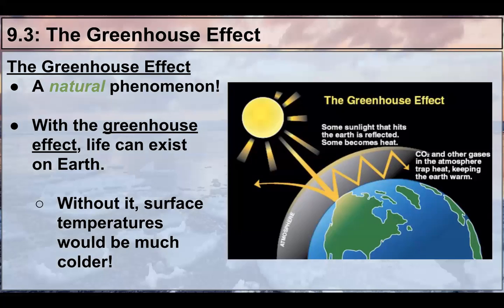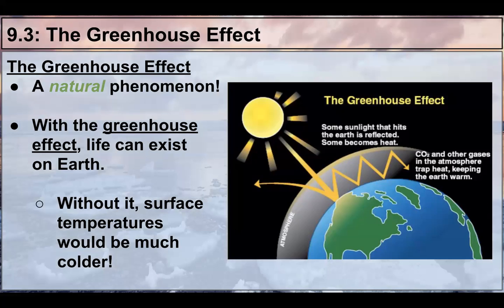So the greenhouse effect, you might not realize, but it is a natural phenomenon. So it is a really good thing because it really helps to moderate the climate temperatures and things like that around the world. It is the responsibility of our atmosphere. So basically, it helps to hold heat in that comes from the sun, which helps to keep the earth warm.